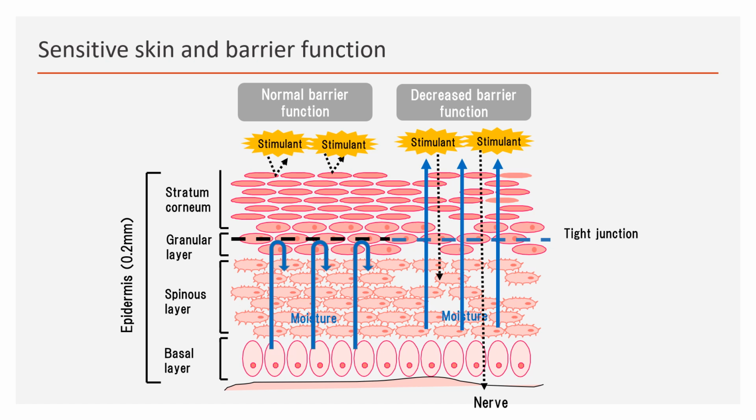However, when the barrier function is decreased, stimulants reach the dermis and cause a tingling stimulus because the dermis has nerves. Also, moisture evaporates more easily. Therefore, when the barrier function is decreased, sensitive skin is likely to develop.